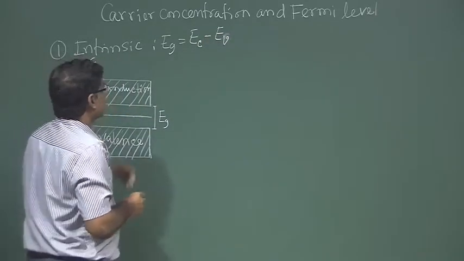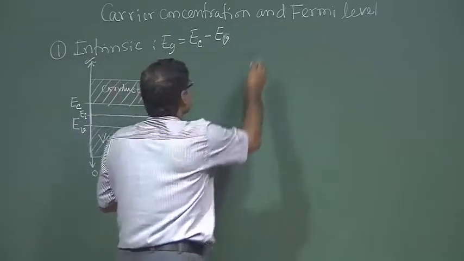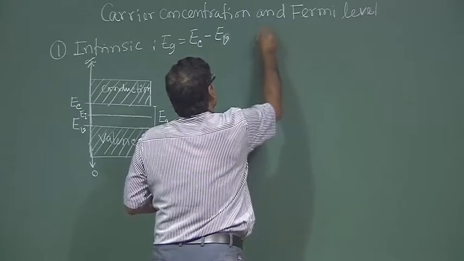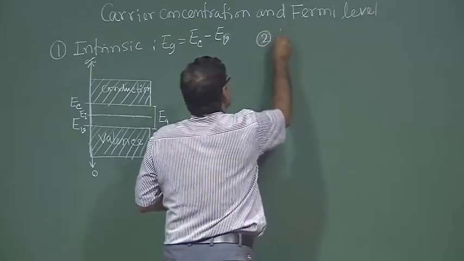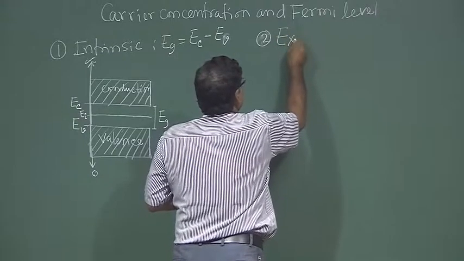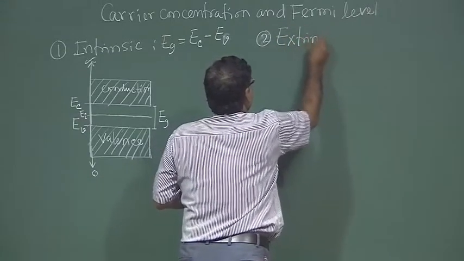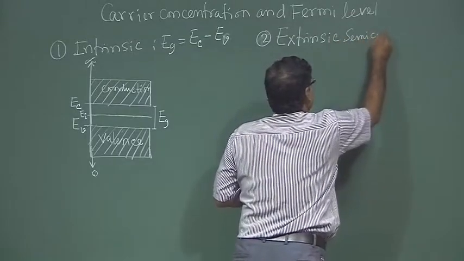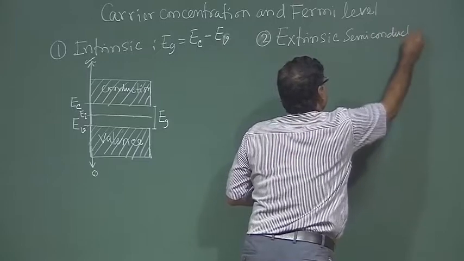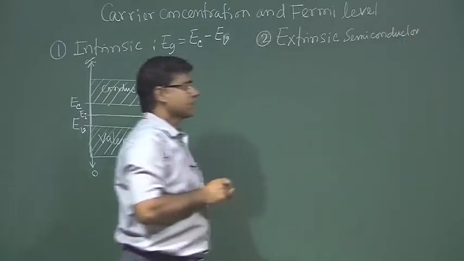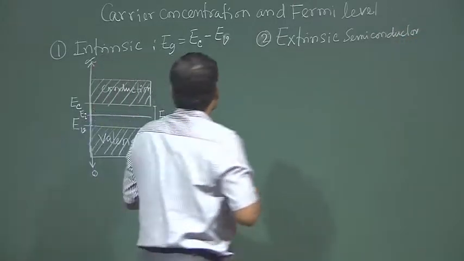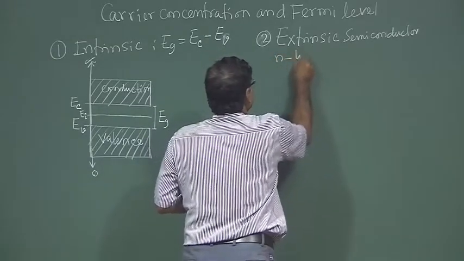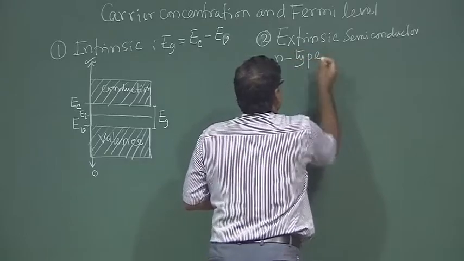The second type is extrinsic semiconductor, and in this case there are two types, either N type or P type.